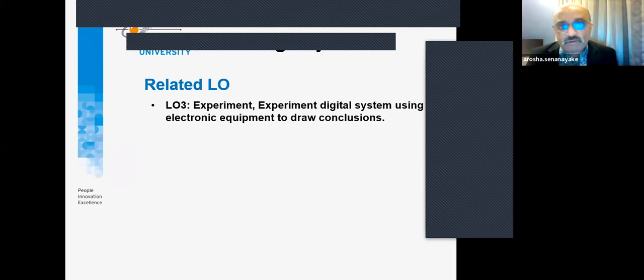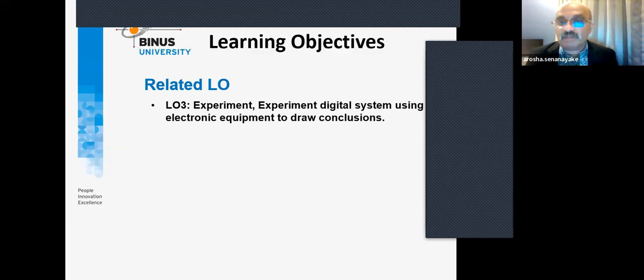The learning objective, the expectation, is to learn the basic concepts behind asynchronous sequential circuits, and then how we can develop simple asynchronous sequential circuits later on in the laboratory session. I'm going to go a little slowly because this is the first one.